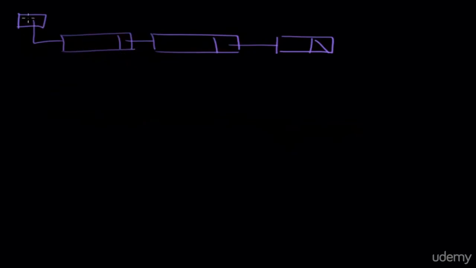In the display function, what we are doing, as we know that start is the address of first node, then we will copy the content of start into a pointer, say ptr. Then we will scan whether this node which the ptr is pointing to is the last node or not.